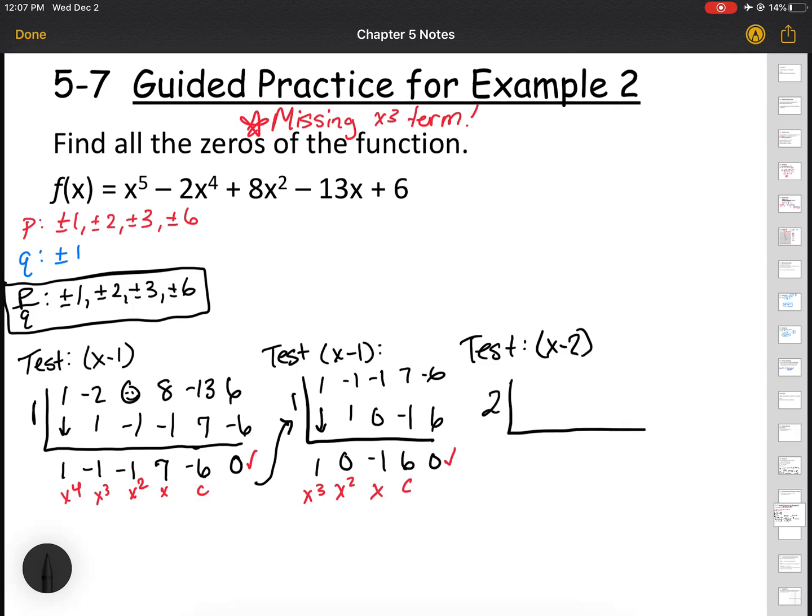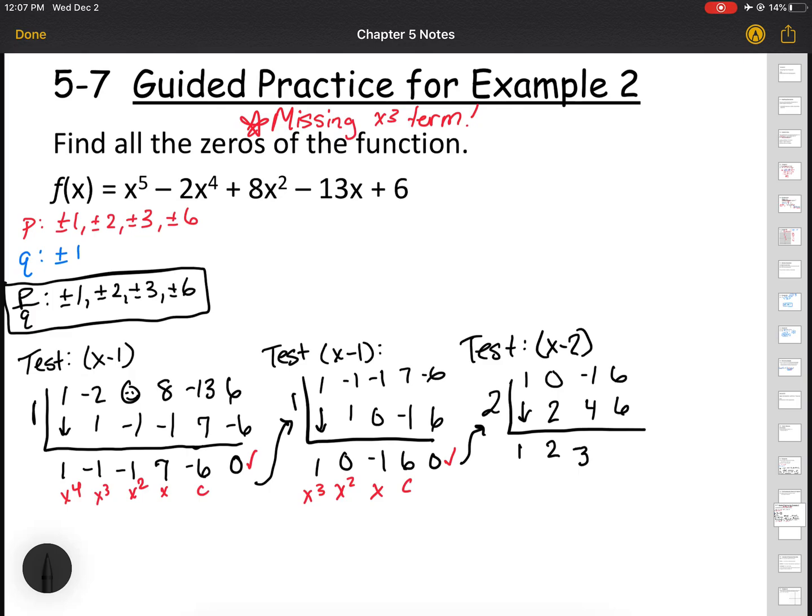And now I'm going to test with those same coefficients, 1, 0, negative 1, and 6 coming from here. I'm going to drop down that 1. 2 times 1 is 2. 2 plus negative 1 is positive 3. 3 times 2 is 6.